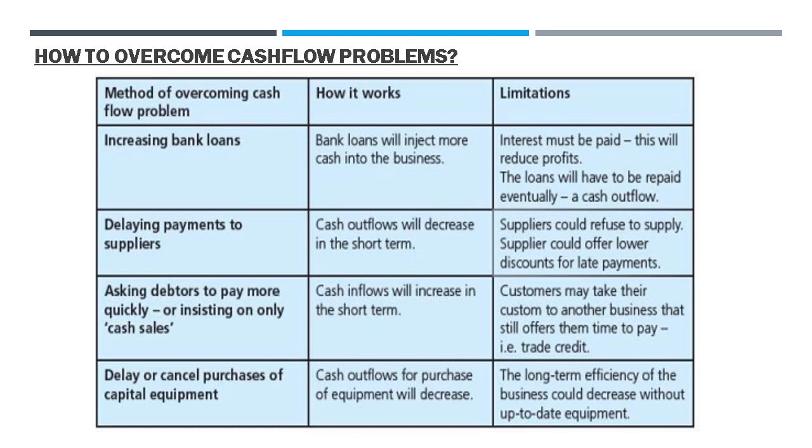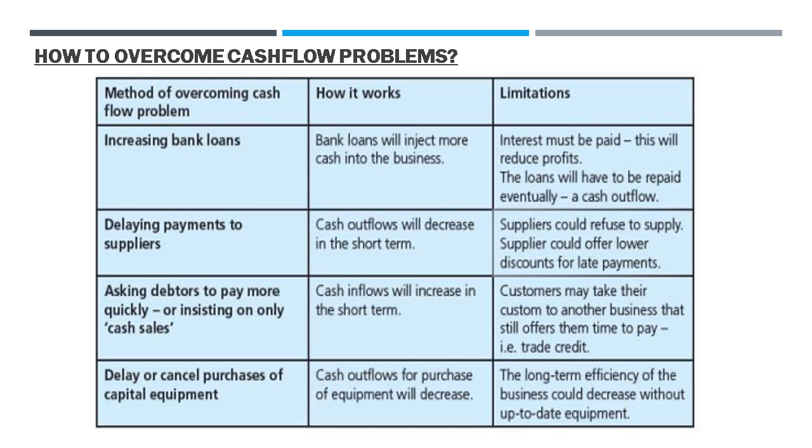And then, delaying payments to the suppliers. When the business buys its raw materials and components from the supplier, instead of paying either in cash or in short-term credit, it should go for long-term credit, where it can delay its payments for some more time.